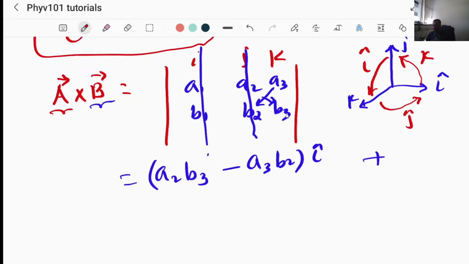When you go I to J, you get K. When you go J to K, you get I. When you go K to I, you get J. This is positive. The reverse is negative.